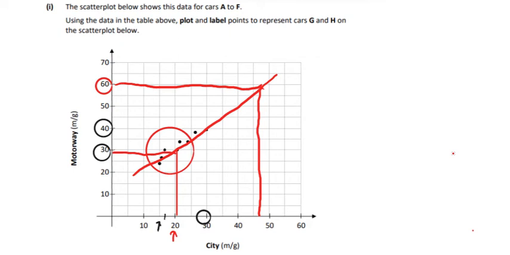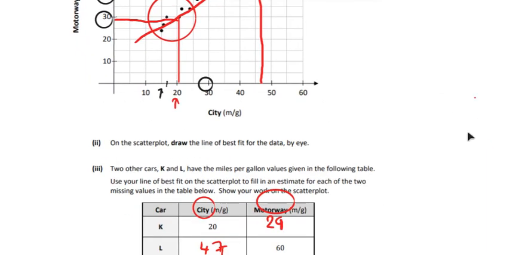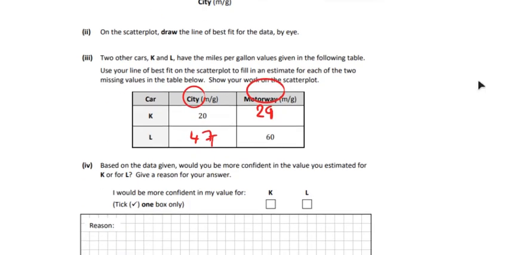But out here for L, there are no dots. For all we know, the dots could have started going this way. We're not sure. But for the first one, it was very clear that the dots are exactly there and our line of best fit has to go right through there. So you'd have more confidence in the first one, in K.